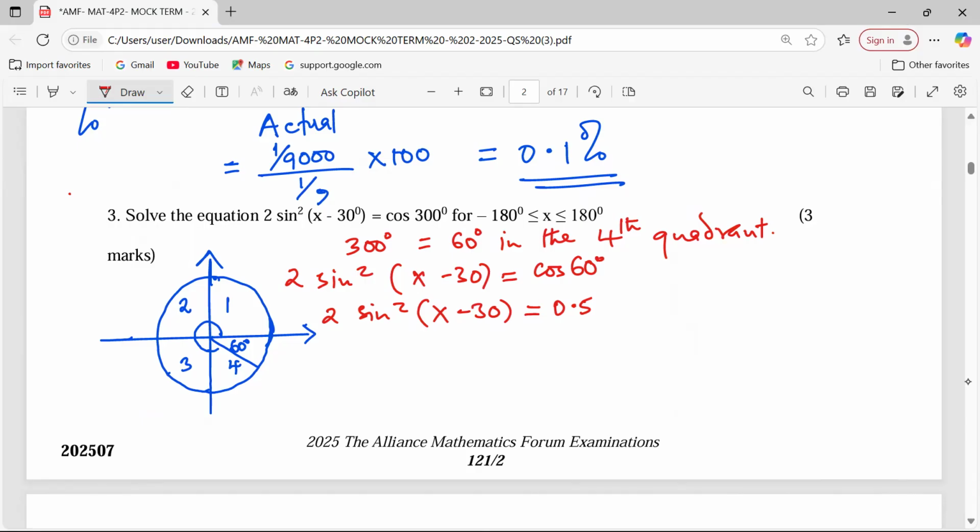You just confirm it from your calculator or the mathematical table. The value of cos 60 is 0.5.